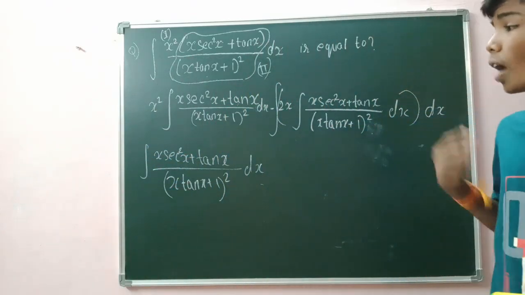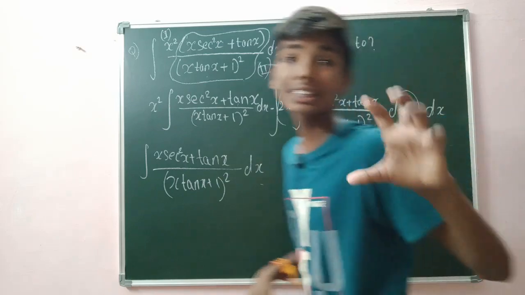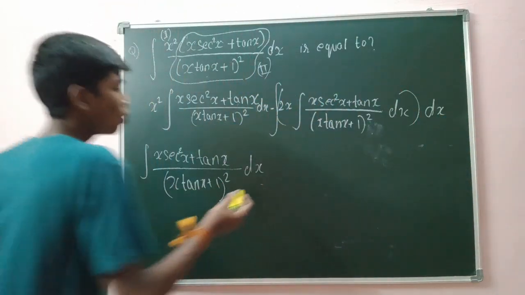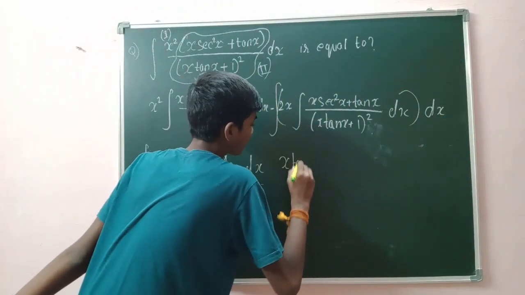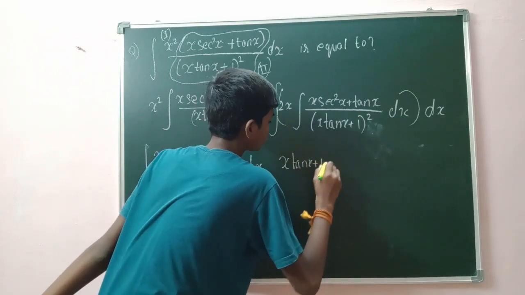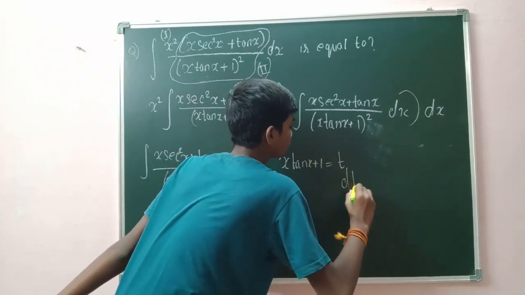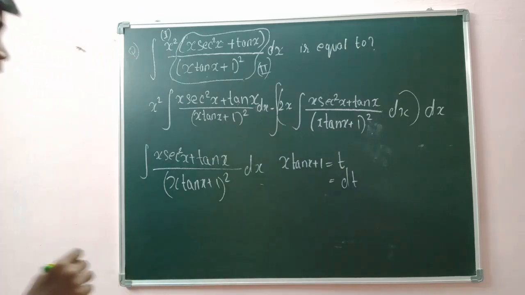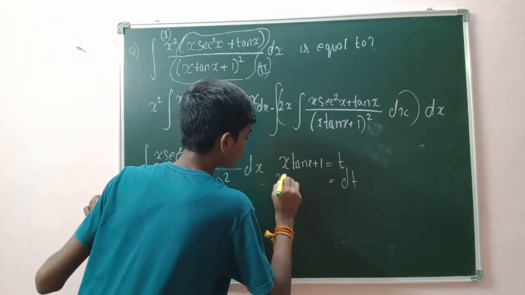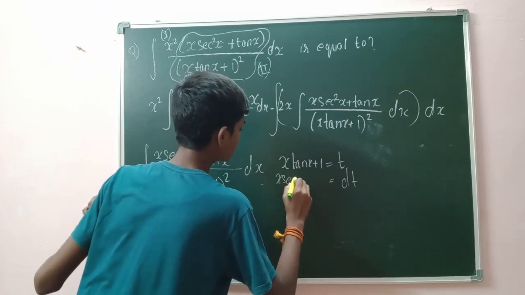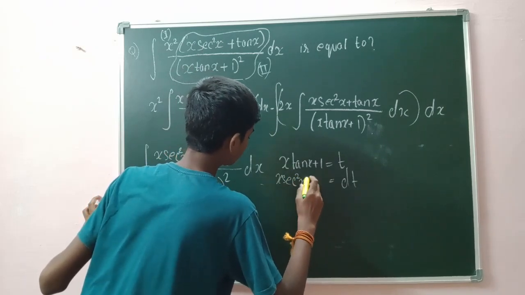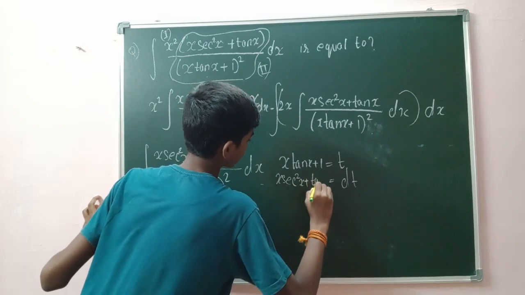So now what I'm gonna do is, I'm gonna use the substitution method. Here the substitution I'm gonna take is x tan x plus 1 as t. If you take x tan x plus 1 as t, what will be your dt? Your dt will be nothing but x secant square x plus tan x dx.